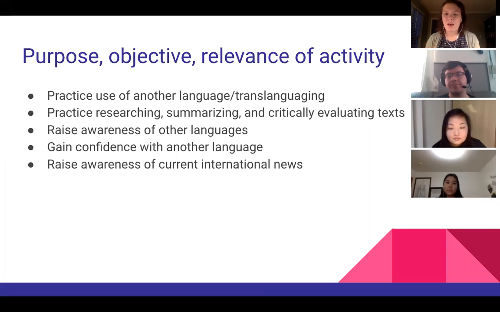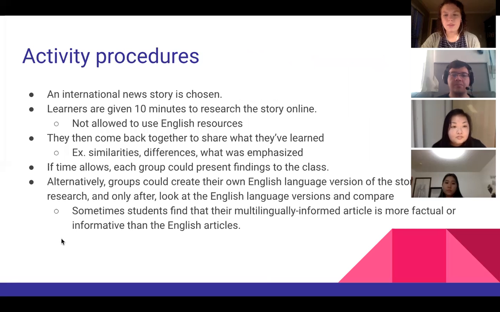And they're critically evaluating the text because they're having to compare the different texts and see what each one shares and what each one thinks is important about the news story. It raises awareness of other languages that other students have in the class. It helps them gain confidence with their second language, and it helps raise awareness of current international news as well.